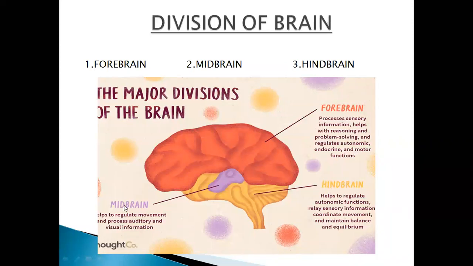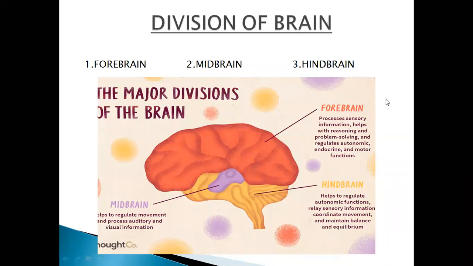Next is the midbrain, that is present in the mid of the brain. It helps to regulate movement and process auditory and visual information. Next to it is the hindbrain, the third part. It helps to regulate autonomic functions, relay sensory information, coordinate movement, and maintain balance and equilibrium.